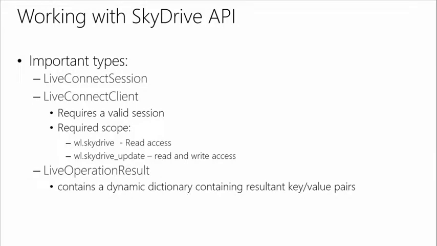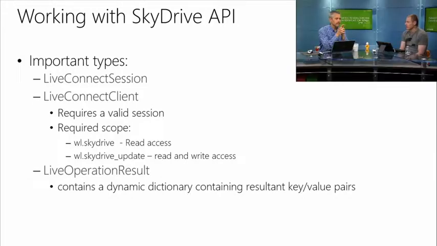So working with SkyDrive, we have a number of important types that we need to interact with. Live Connect Session, which you touched on as part of your capability, actually represents an active connection out to the Live APIs. And a session can expire. Can expire, and you need to log on in order to receive it. Got it. Live Connect Client is how we interact with the APIs that are exposed by the Live Connect SDK.